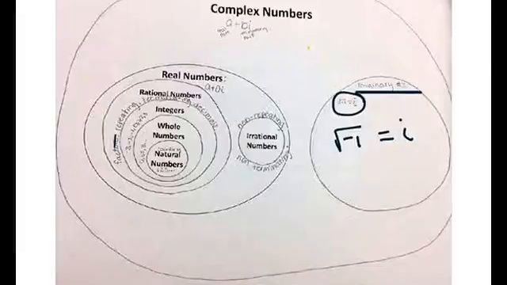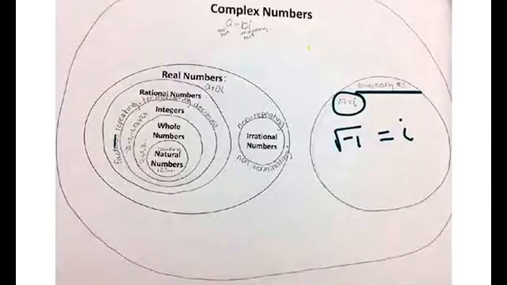Up to this point, we just didn't deal with the square root of negative numbers. It wasn't possible. A positive times a positive is a positive, and a negative times a negative is a positive. So the square root of a negative number was not possible. Now it's going to be possible. So we are going to look at how i's work in our number system.